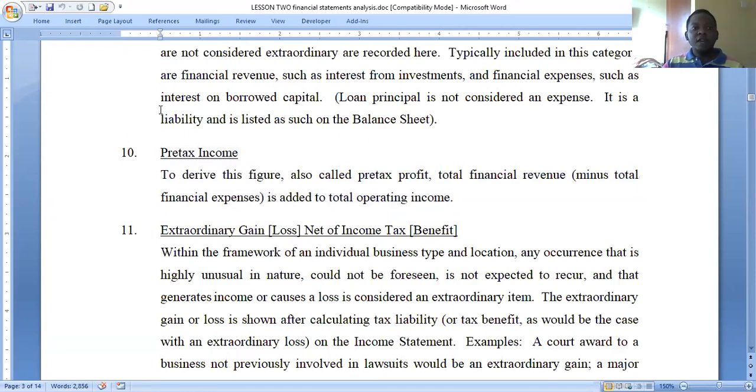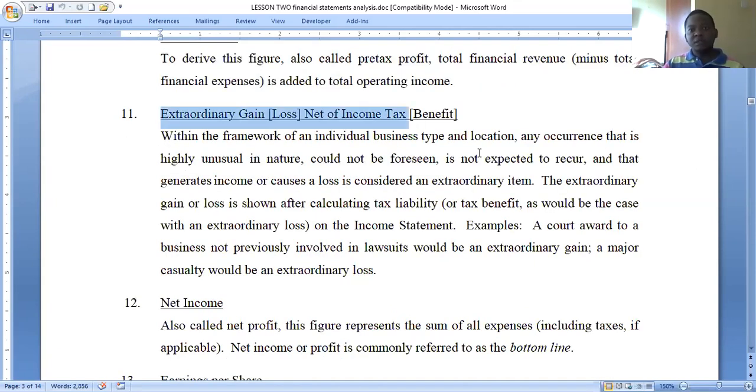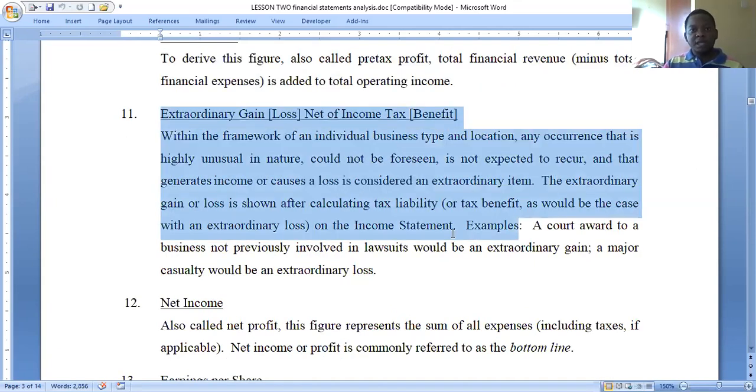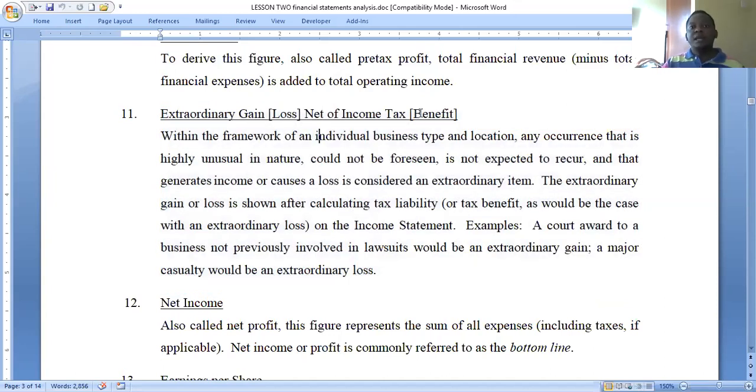And then we have extraordinary gain or loss, net of income tax. So another key component of an income statement is extraordinary gain or loss, and the extraordinary gain or loss should be reported separately in the income statement, net of the tax effect.